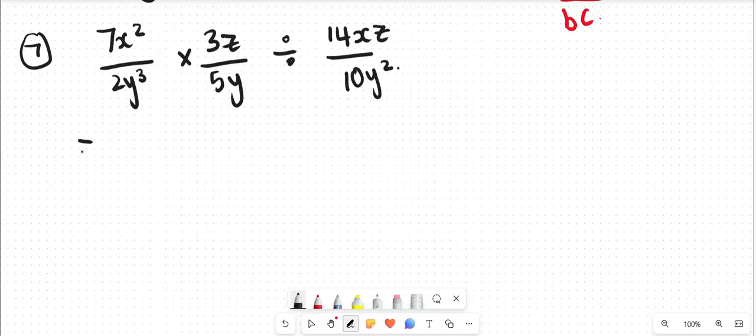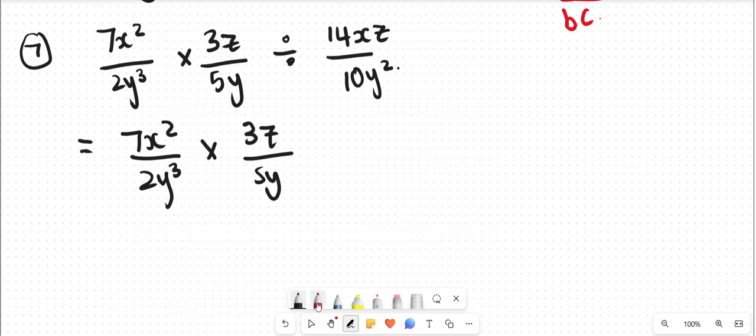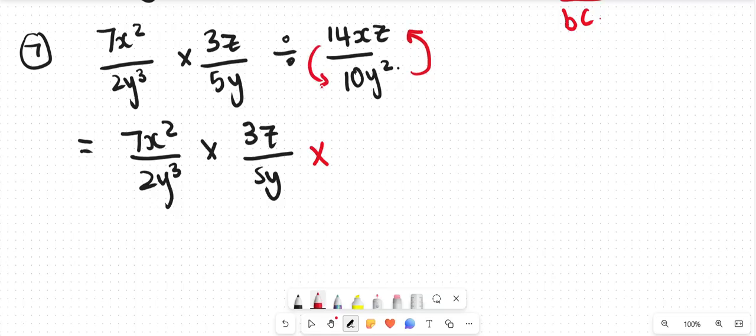Alright, same idea. I'm going to keep the first fraction. I'm going to keep the second fraction because there's a times between them. But I'm going to change this to a times and flip the third fraction. So I get 10y squared over 14xz.